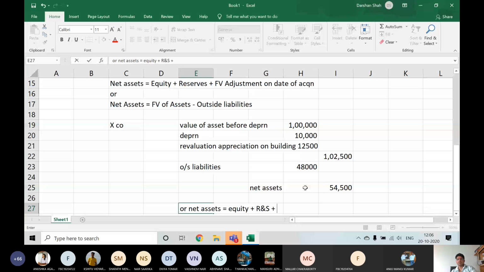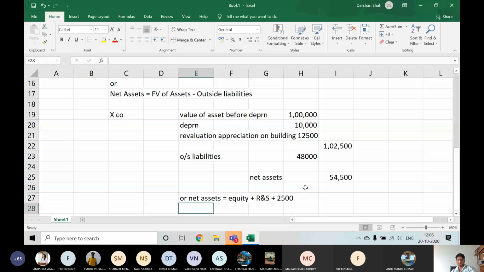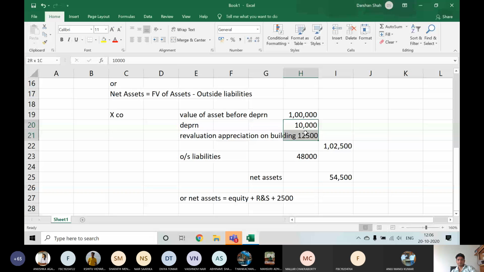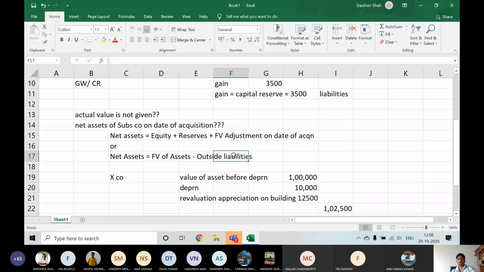लॉजिक समझ में आ रहा है क्या नेट एसेट्स का? फेयर वैल्यू एडजस्टमेंट ऐड हो जाएगा ना? Correct. So what is this 2,500? It is the fair value adjustment. Okay, so net assets can be fair value of assets minus outside liability, or we can also say equity plus reserves plus fair value adjustment on the date of acquisition. Not necessarily depreciation आएगा, because acquisition अगर साल के बीच में हुआ है तो depreciation तो आएगा ही नहीं.